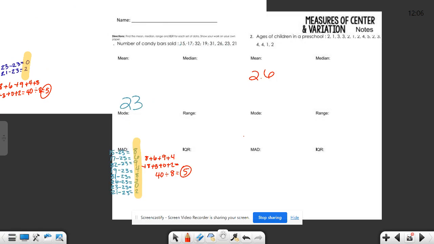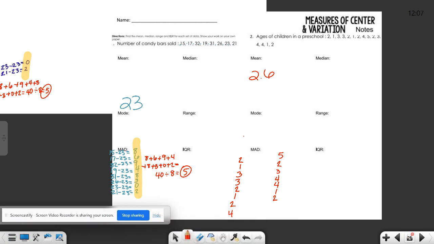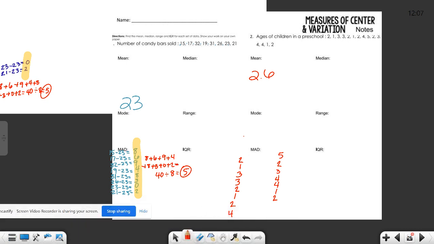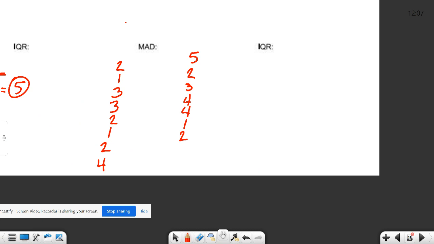So 2, 1, 3, 2, 1, 2, 4, 5, 2, 3, 4, 2. I'm going to make this a little bit bigger for you guys. All right, so we have the mean and we've listed our numbers.